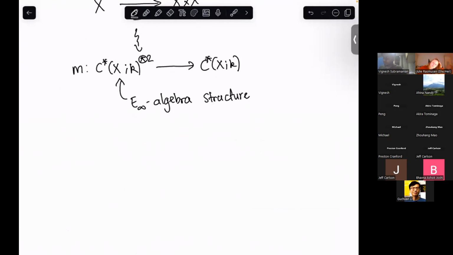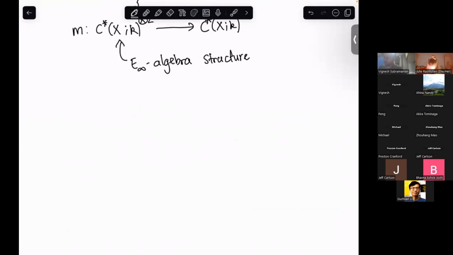I don't have much time to briefly explain what an E-infinity algebra is, but shortly it is this. It's a K module with a bunch of maps. For every n-fold tensor product, you have a map M_n. When I take the tensor product n times, I can permute the factors, so this n-fold tensor product has a symmetric group action.